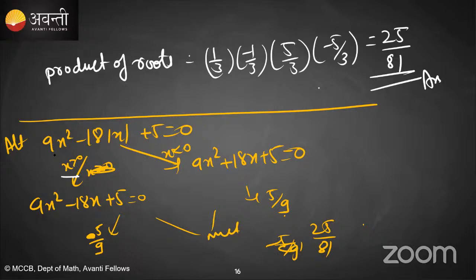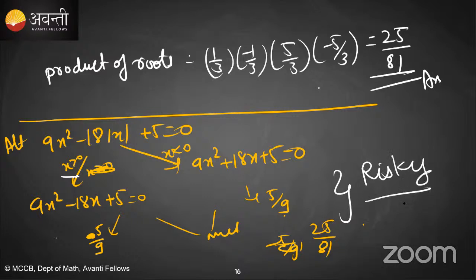So that's why you will avoid this method. It is coming by fluke that the correct answer came in this question, but it may not in future. Are you getting this? Yes, it is a very easy, simple method, but it is risky. Why?